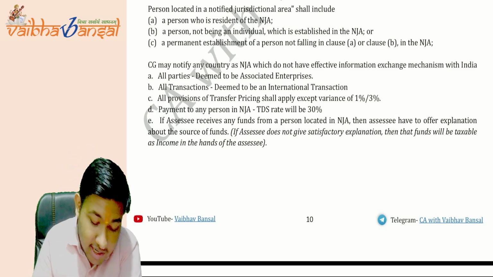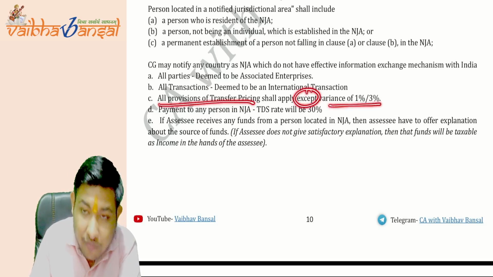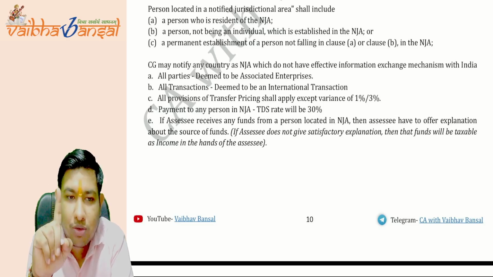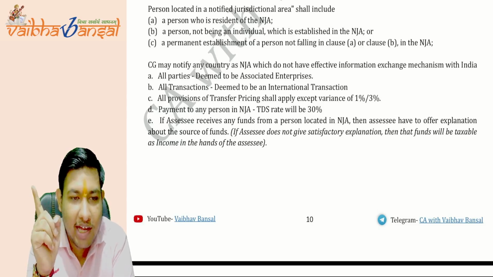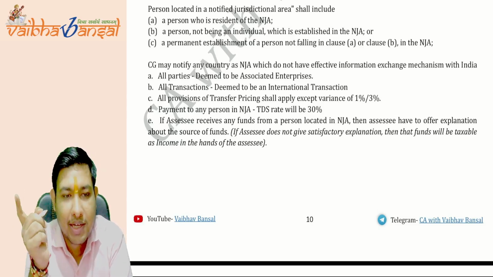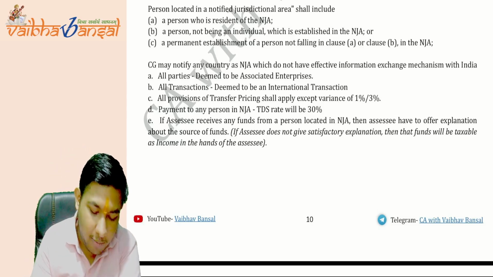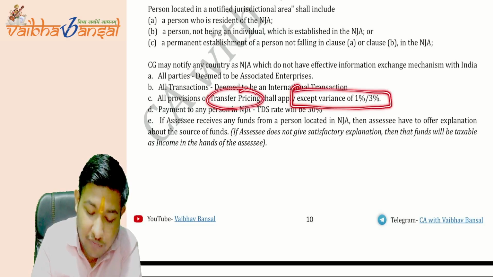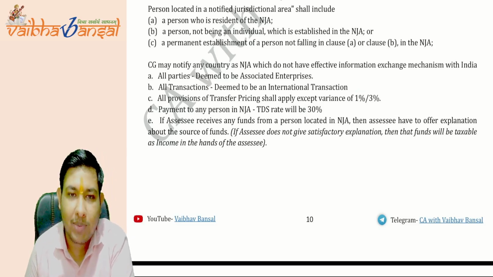The government is saying all the provisions of transfer pricing shall apply except the variance of 1% or 3%. Like we have said, for wholesale trading, the arithmetical mean variation is only 1%, and for any other case 3% of variation is acceptable. So the variance provision of 1% or 3% will not apply in that case.